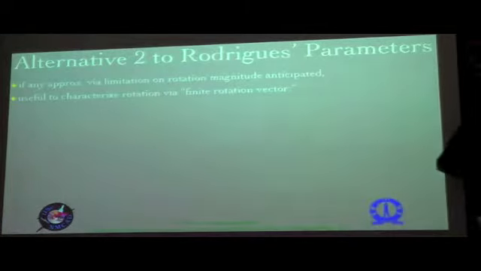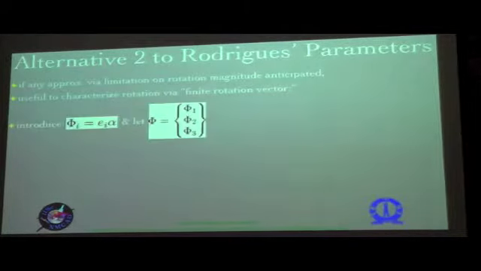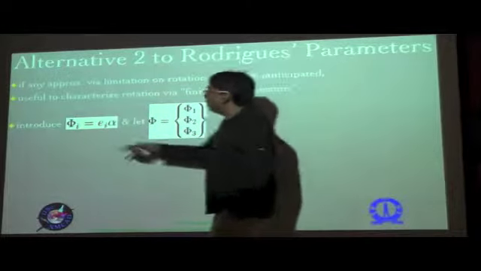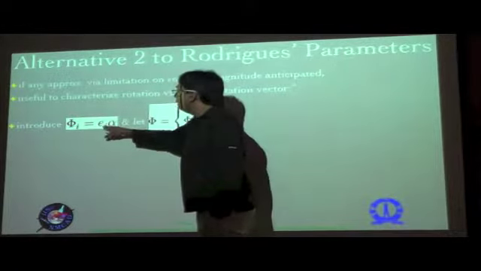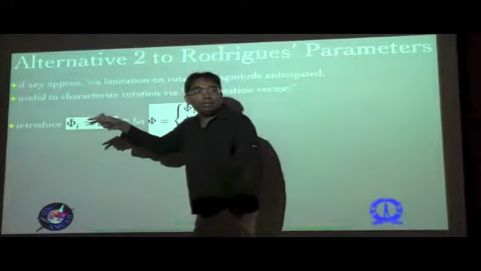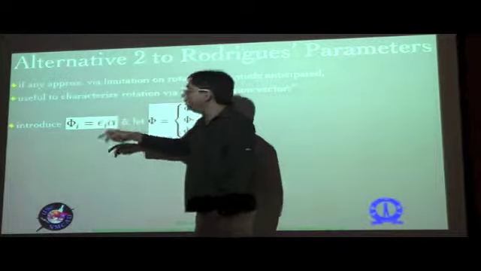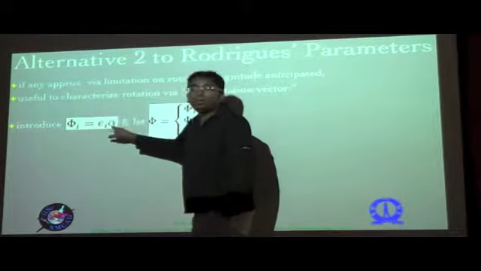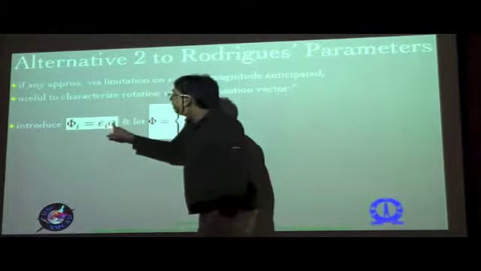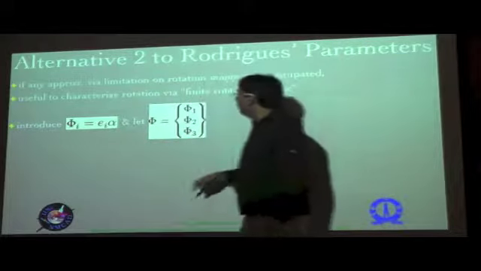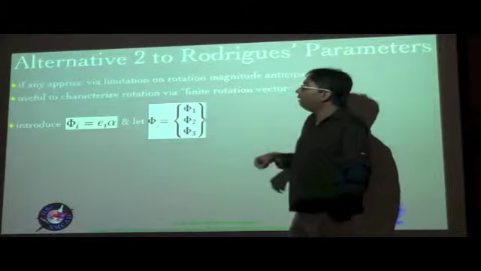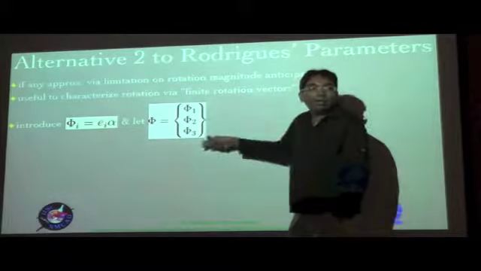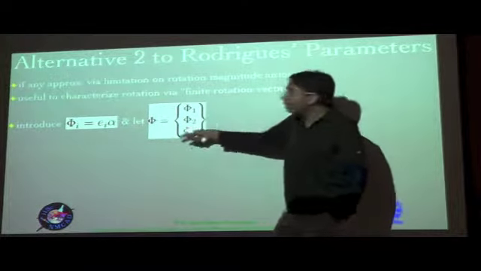Similarly, when the rotations are finite, we introduce this vector phi_i as the e_i, which is the same as the 3 of the 4 Euler parameters, multiplied by the 4th Euler parameter, alpha. So phi_i is alpha times e_i, and then you represent phi in the form of a column matrix once again, consisting of these 3 elements.